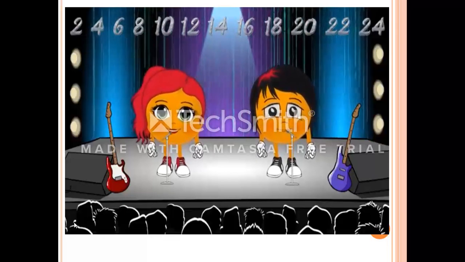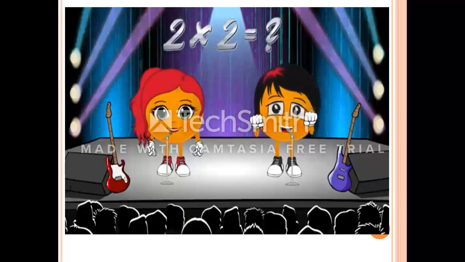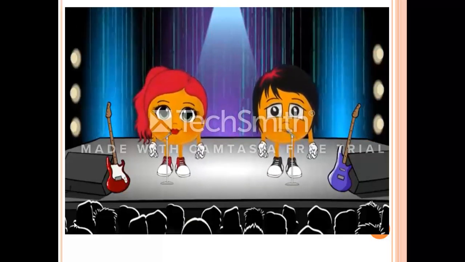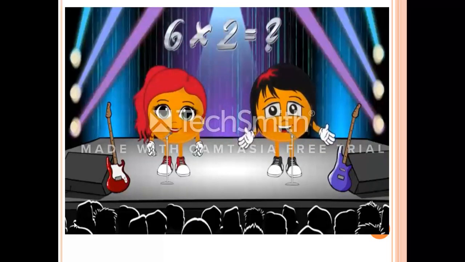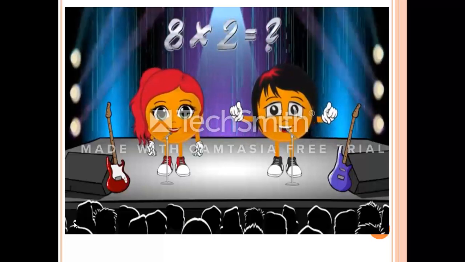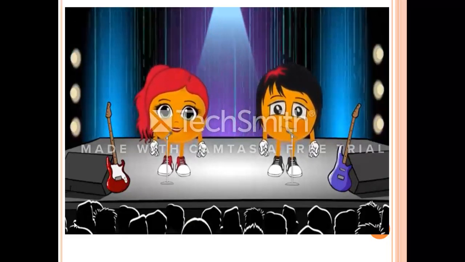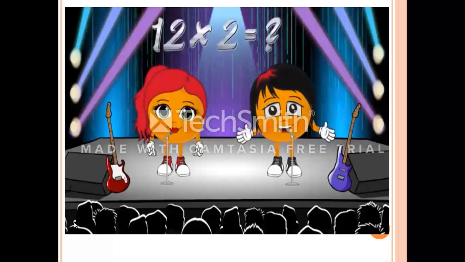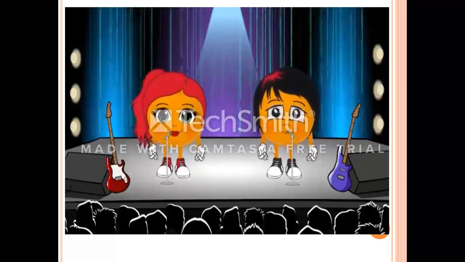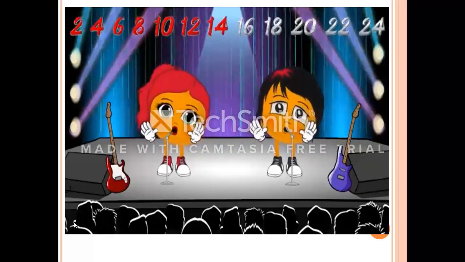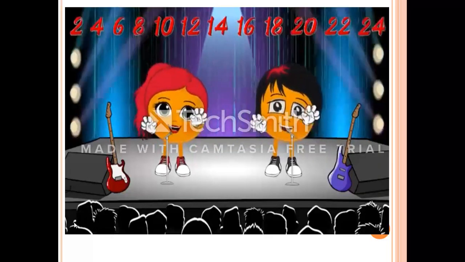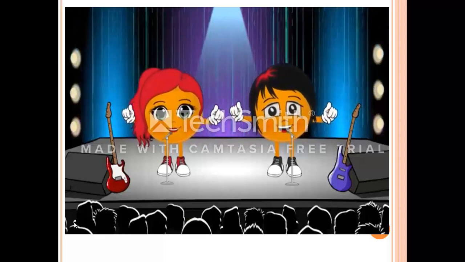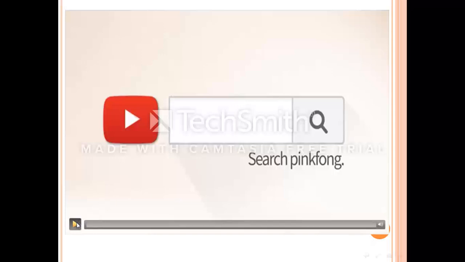It's time for the gaps. 1 2 is 2 2's are 3 2's are, and 4 2's are. 5 2's are, 6 2's are, 7 2's are, 8 2's are. 9 2's are, 10 2's are, 11 2's are, 12 2's are. 4 6 8 10 and 12, 14 and 16, 18 20 22 and 24. together.